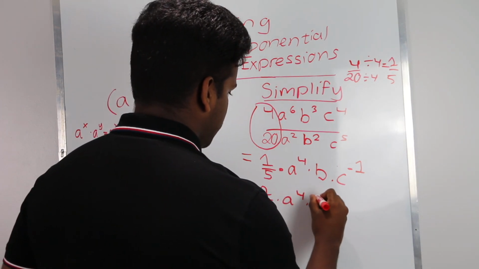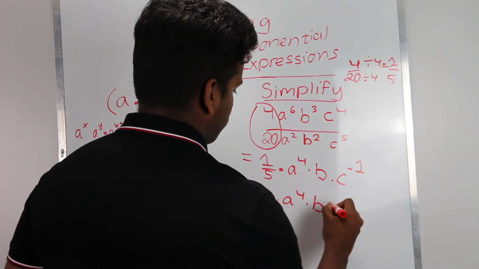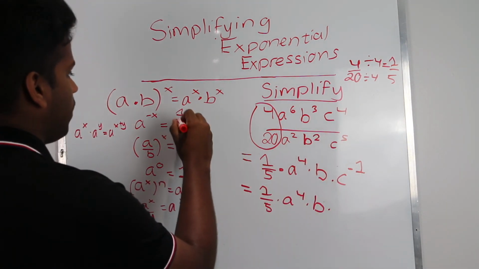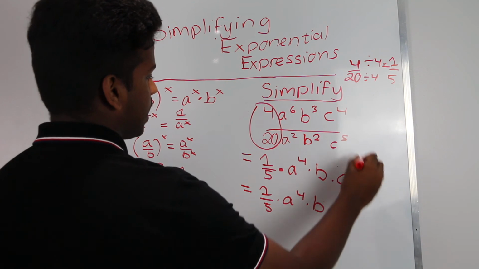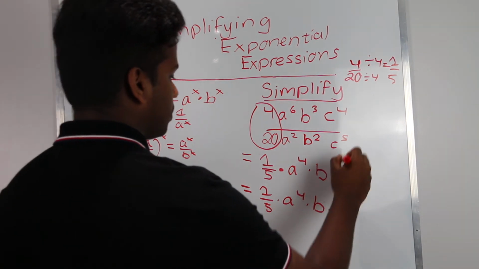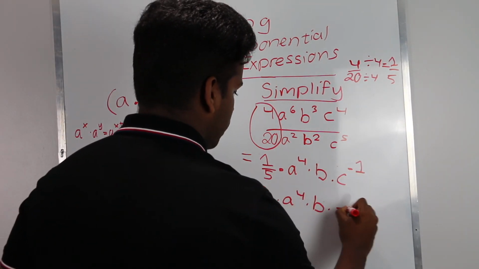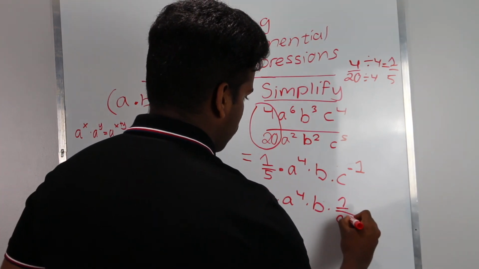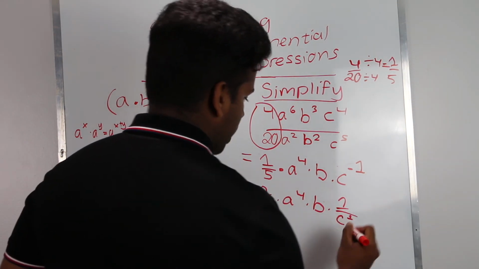We just take the reciprocal: 1 over c to the power of x, where x represents the exponent, which is 1. So times 1 over c to the power of 1. I can leave it as c.